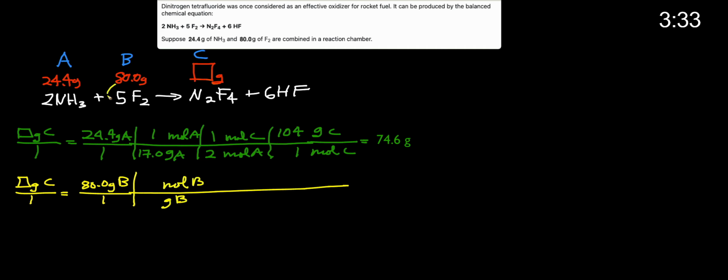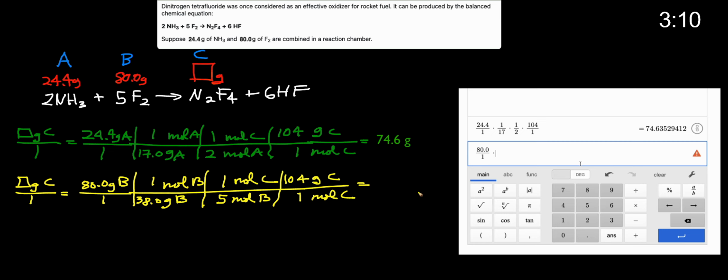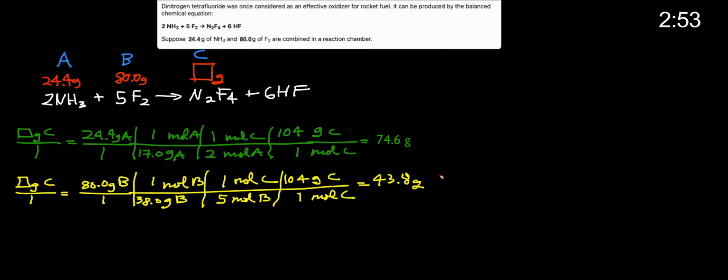As before, I'm going to march it from grams of B to moles of B, from moles of B to moles of C, and finally from moles of C to grams of C. As before, filling in the molar masses and looking at the ratio of 5:1 on the chemical equation and punching that out on the calculator gives 43.8 grams.